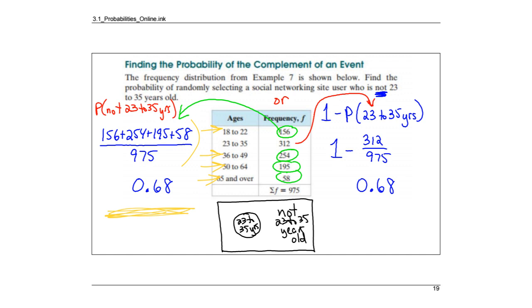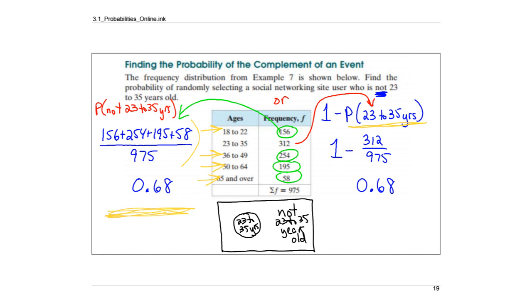But if I had 100 different rows in this frequency distribution, that would be a royal pain to add up 99 numbers. So what I can do instead, because I know the relationship between an event and its complement, is I could have just taken 1 minus the probability of a 23 to 35-year-old. Okay, by doing that, the work's a lot easier.